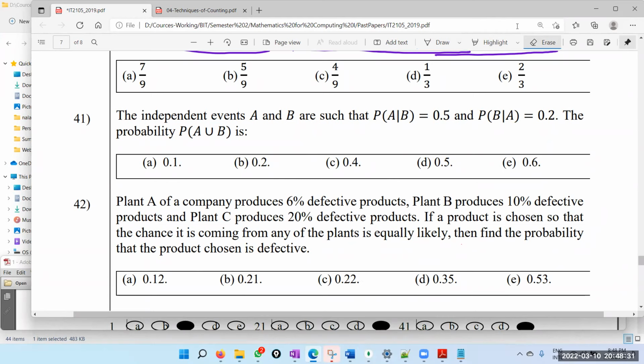Say this is A happening and this is A not happening. This is B happening, B not happening. This is when A is not happening, B happening, B not happening. Okay, A or B happening means this one. Only thing is we can't take this one because this is not A and not B, right?